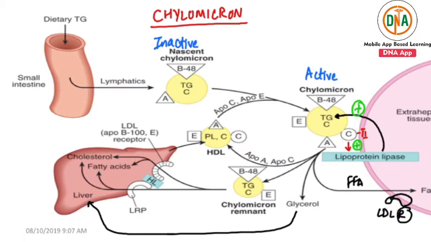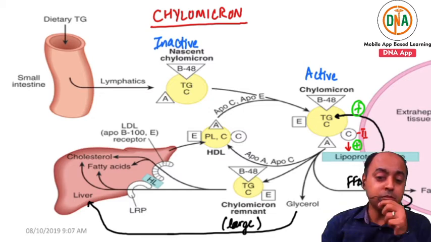Why? The chylomicron remnant is a large particle, although it is much smaller than the chylomicron. Chylomicron itself is very large, so the remnant is still a significantly large molecule, and the membrane of the extrahepatic tissue is not flexible enough to engulf this large chylomicron remnant.